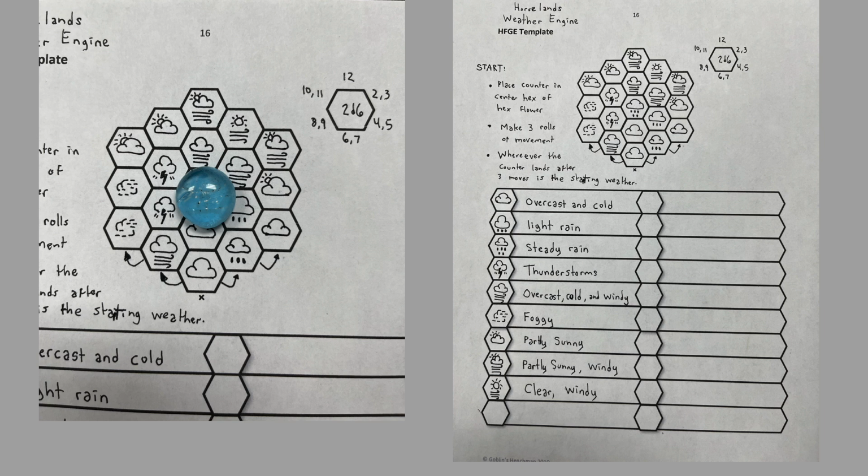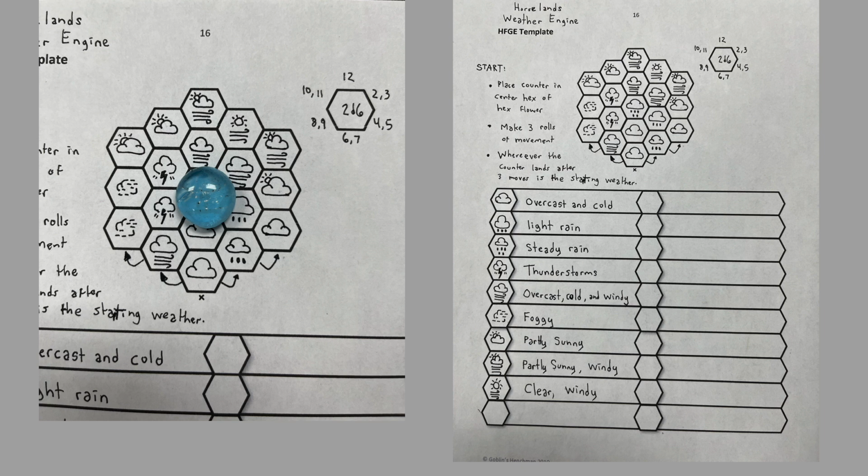But then I had to swap some things around so that I put the partly sunny and the clear weather more towards the top and right of the Hexflower. And then when I ran through a couple of iterations of that, while it's certainly possible, anything can happen. You can wind up in any particular weather pattern, but it was more likely to be that overcast, or potentially even thunderstorms or a foggy situation. So it worked out pretty well.